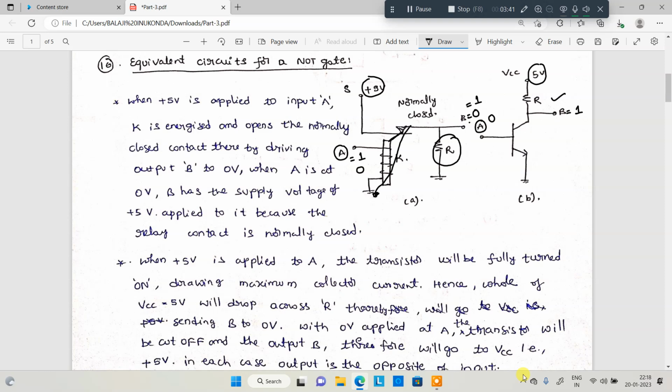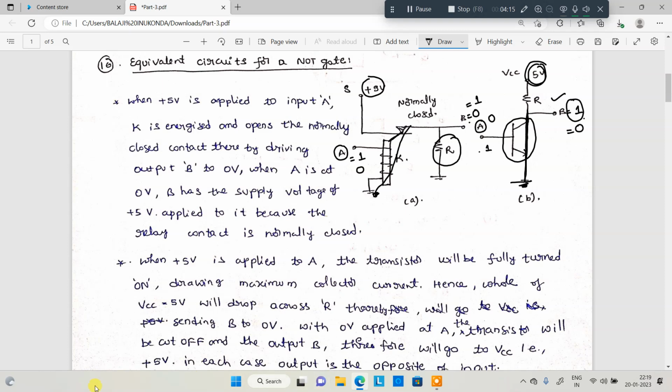Whenever A is equal to 1, the transistor is in the on state, saturation, like a short circuit. That means the 5 volt is connected through the transistor to ground, so the output voltage is 0. Whenever the input is 1, it conducts and the output is 0, because it creates a path to ground. That is inversion, 1 gives 0 and 0 gives 1, the equivalent circuit of the transistor.